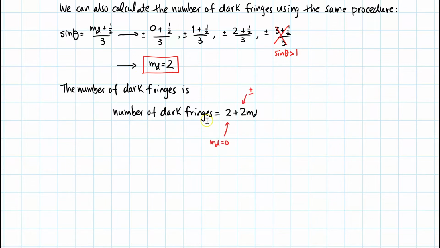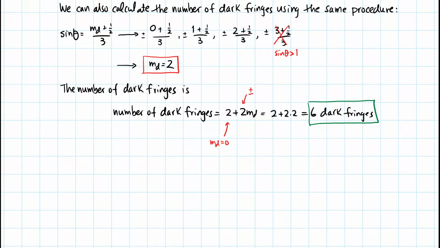So the number of dark fringes is 2 plus 2m_d. The 2 here is because there are 2 terms that are m_d equal to 0. And then again, 2 is because of the plus minus. This means then that there are 6 dark fringes. So there are 7 bright and 6 dark fringes.